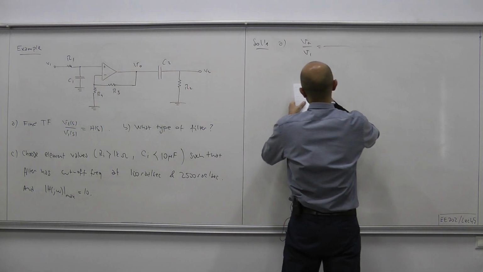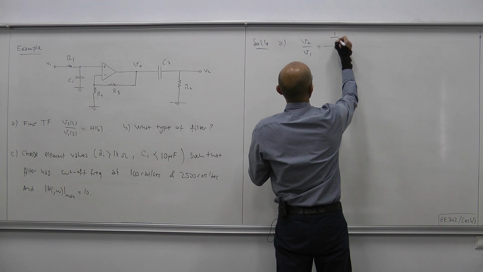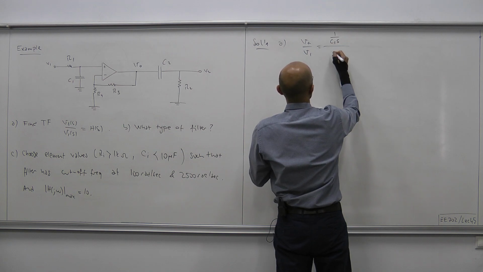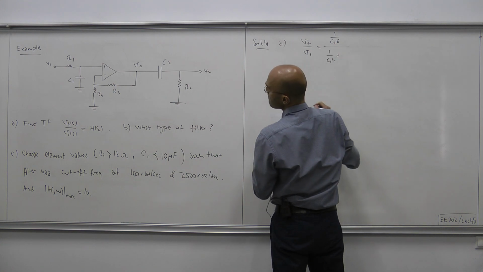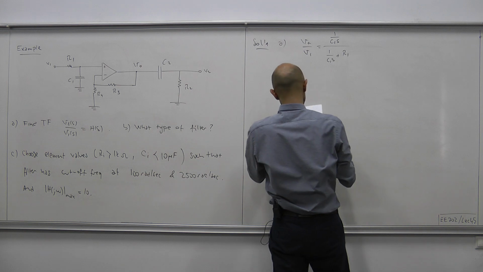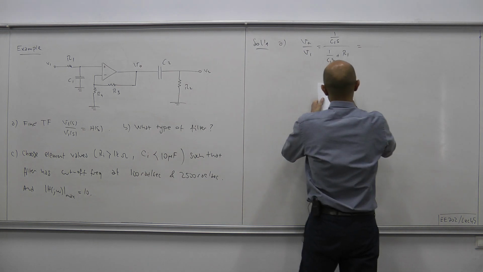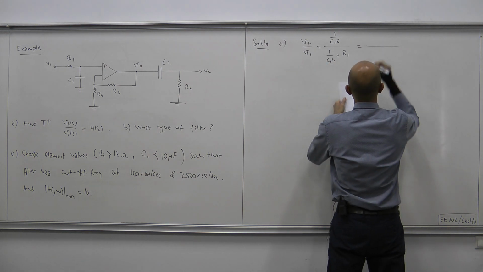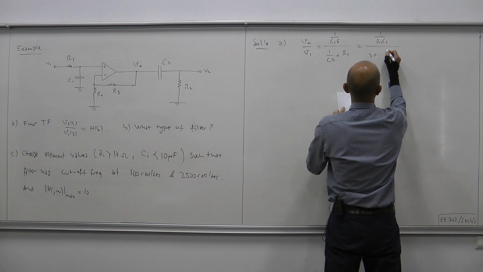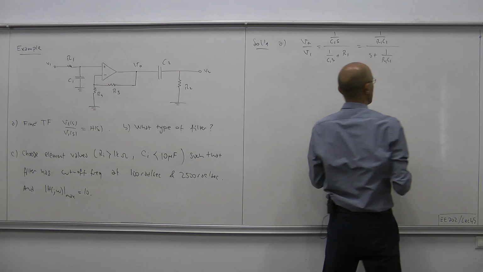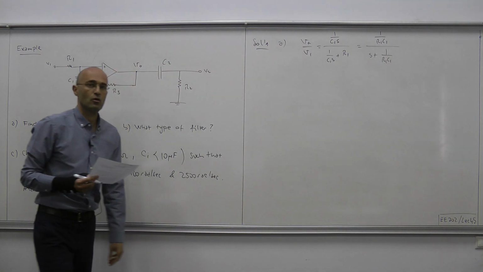So V plus over V1 therefore equals 1 over SC1 divided by 1 over SC1 plus R1, and that's 1 over R1 C1 over S plus 1 over R1 C1. So that's our V plus over V1.